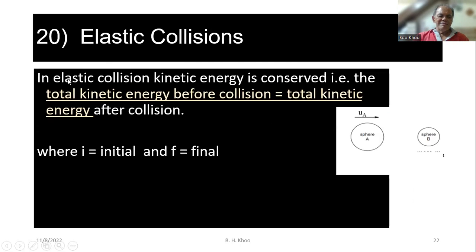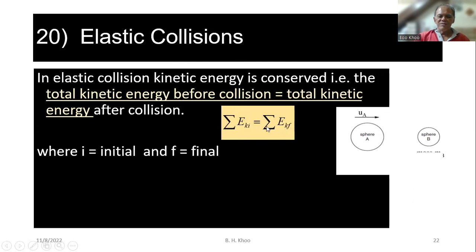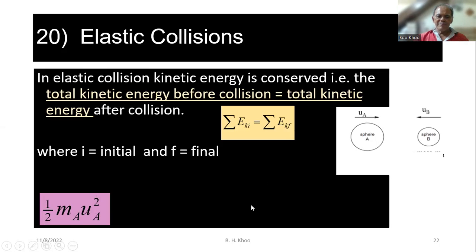Elastic collision. In elastic collision, kinetic energy is conserved. That is the total kinetic energy before collision equals the total kinetic energy after collision. Here's the criteria. I for initial, F for final. We can summarize it. Right? Sum of kinetic energy initial, sum of kinetic energy final. So you should be able to write: there's your mass MA times half MA UA squared.